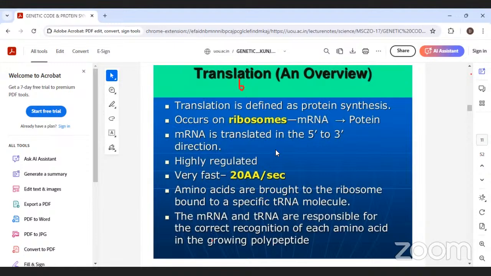It has been found that to form the amino acid transfer RNA complex, each of the 20 amino acids must be activated before these are attached to their respective transfer RNAs. The activation of an amino acid takes place by its reaction with ATP.